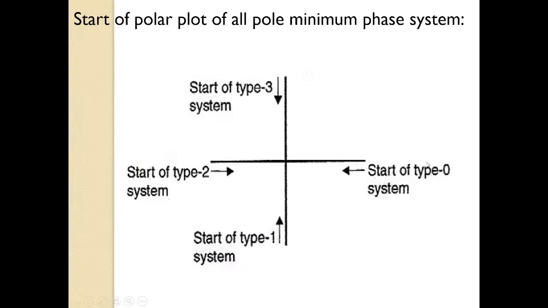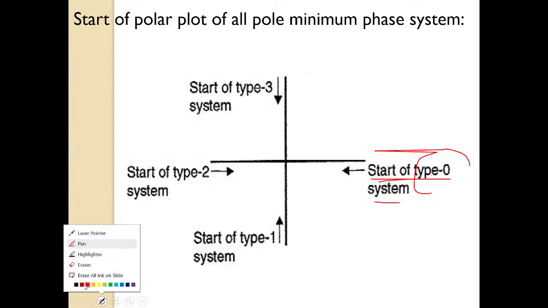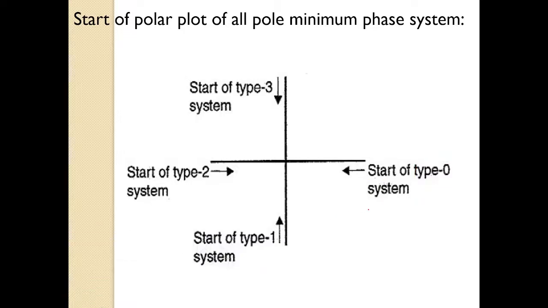You can see here that the polar plot will start from the reference axis if the type of the system is type 0. You know how to determine whether the given system is type 0, type 1, type 2 or type 3.